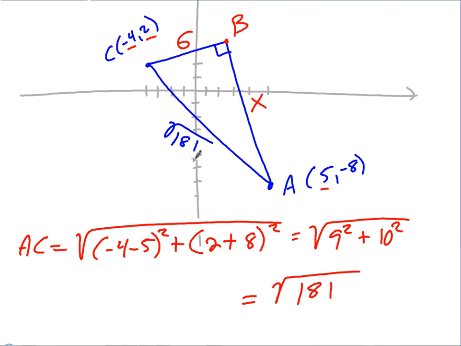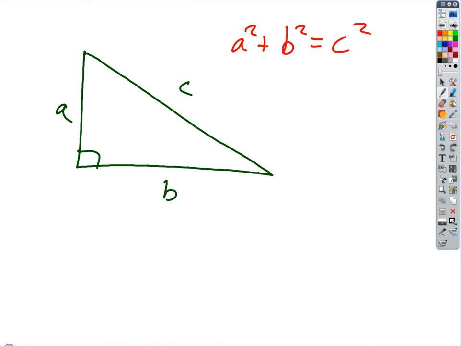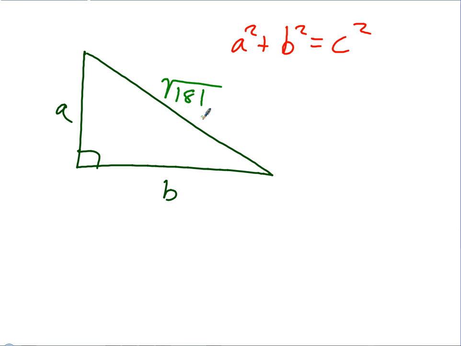There we go, right? So we could even go over to our right triangle now, and instead of the A's and the B's and the C's, we could just plug in numbers. We said that the hypotenuse in this case was the square root of 181. One of the sides was 6, right?